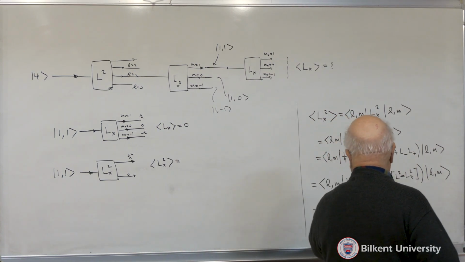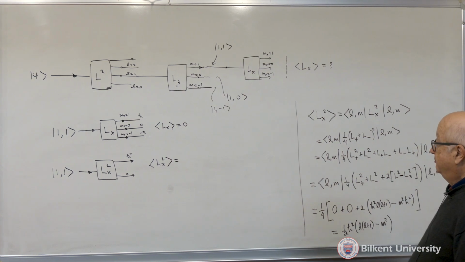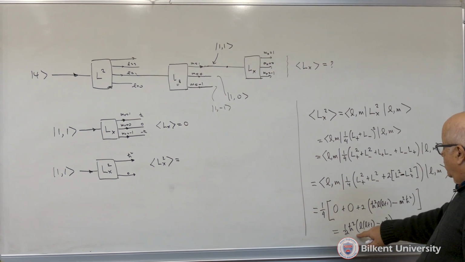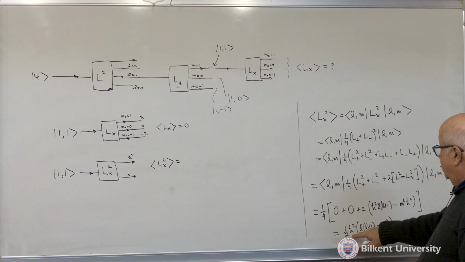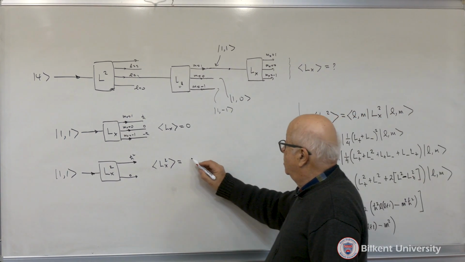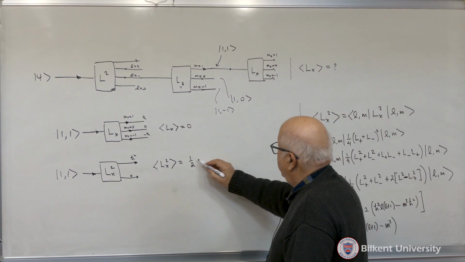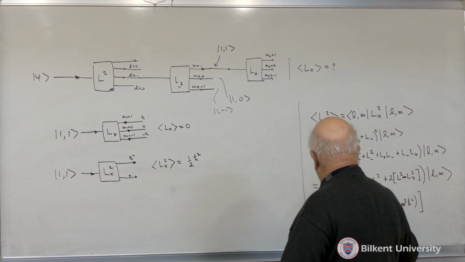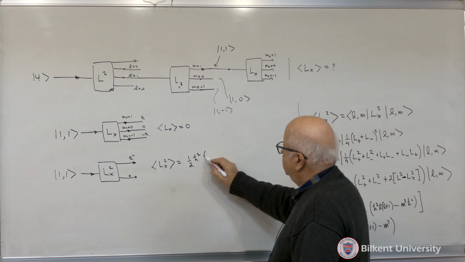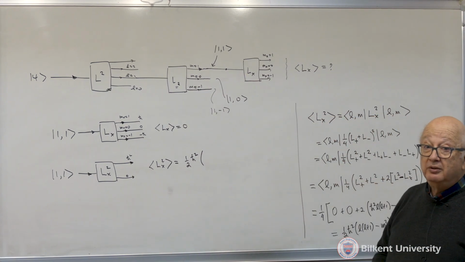Now it's what we have found here. So I'm going to get 1 over 2 h bar squared times L(L plus 1) minus m squared. What is L(L plus 1)?